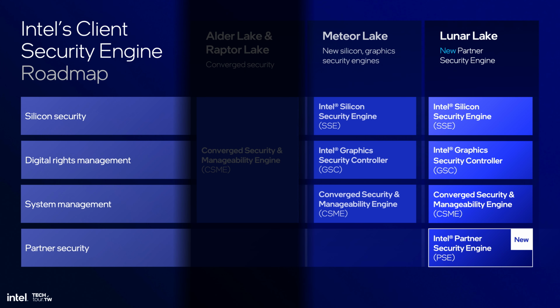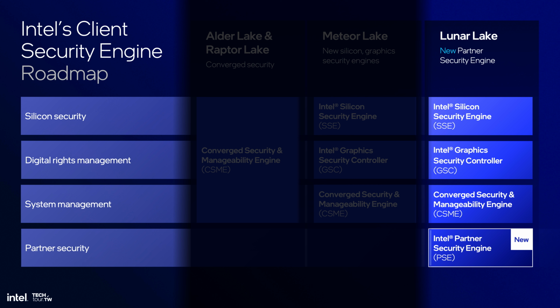So the Partner Security Engine was introduced. In a sense, it's like a playground where they can run their differentiation and security solutions, but within the bounds of the boundary of that playground. No, that's great. So they have a little sandbox to play in and make sure that everything else still runs correctly.